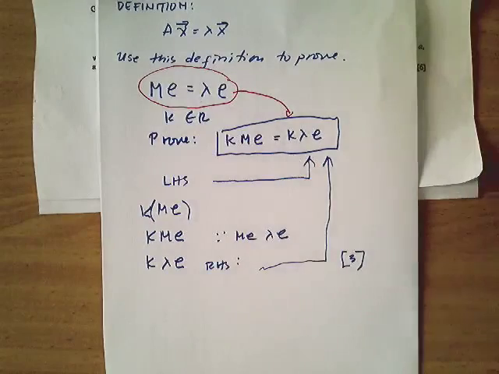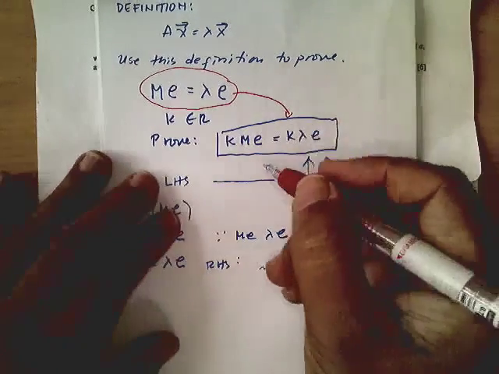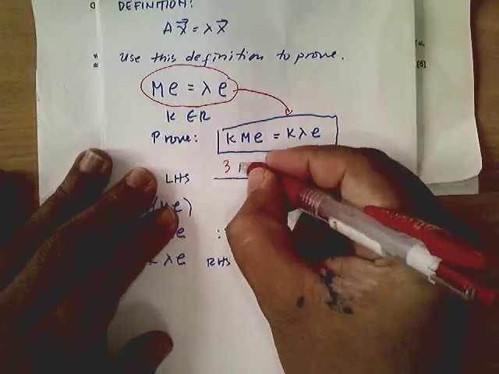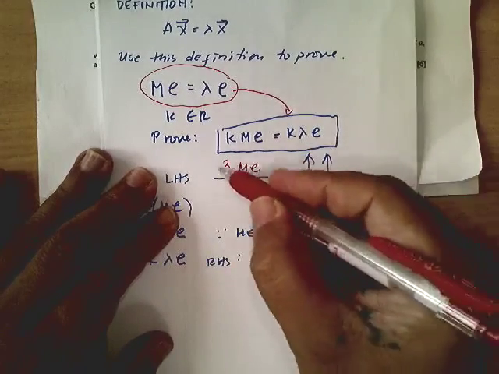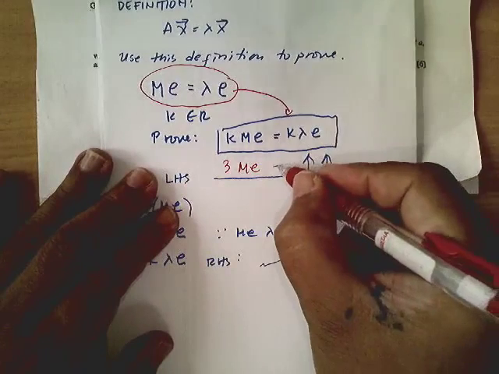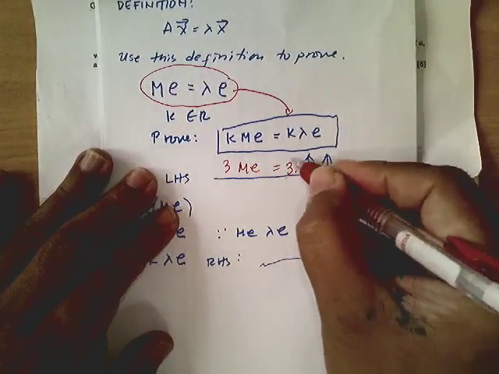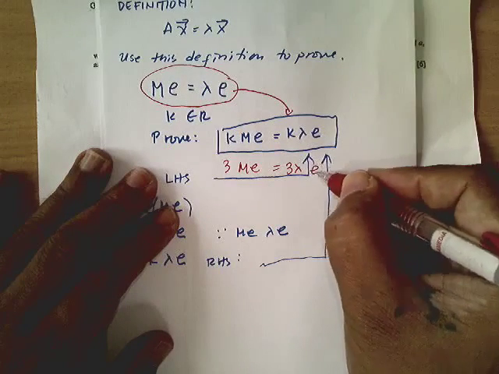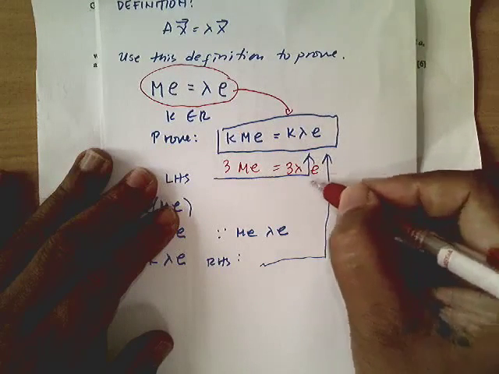So if, for example, you have 3M, the eigenvalue will be 3 times the initial eigenvalue, times the vector E. So the vector E does not change.